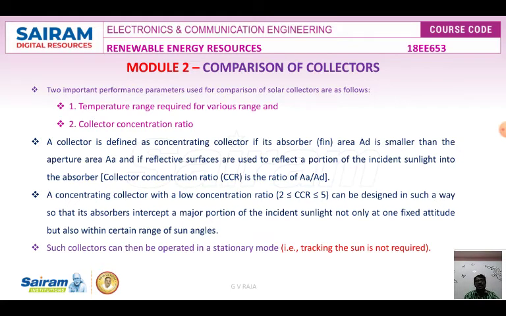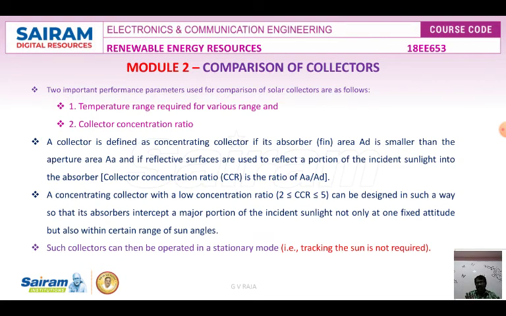Suppose the CCR is less than 5, or greater than 2 or less than 2. In that case, the absorber used in that collector intercepts only the major portion of the incident sunlight, and the sun angle can be accepted at fixed altitude and various altitudes if the CCR is less than 5.